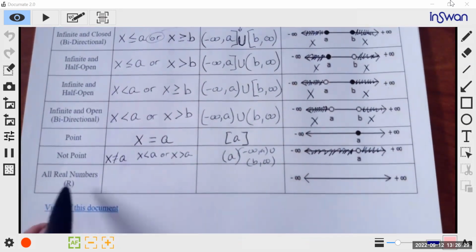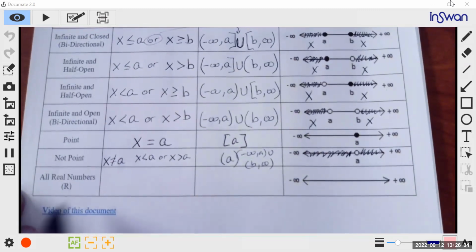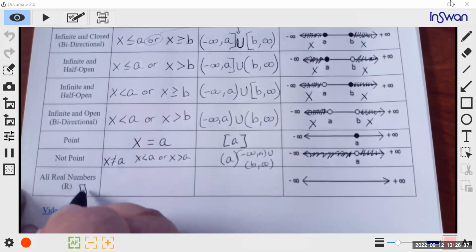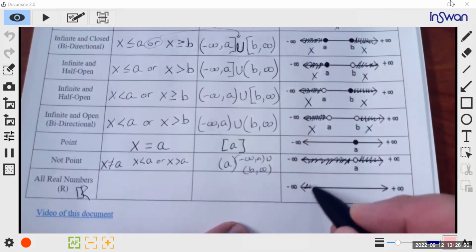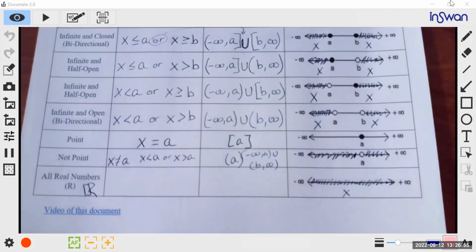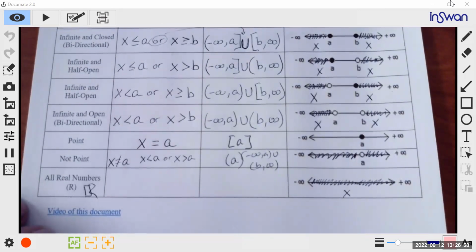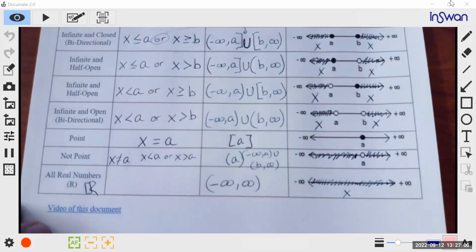How about all real numbers? Whenever the answer is all real numbers, we use this symbol. We haven't done these yet. In other words, if it's all real numbers, it's all of these. So where does it start? Where does it end? Yeah, so it goes from negative infinity to positive infinity. That's all real numbers.